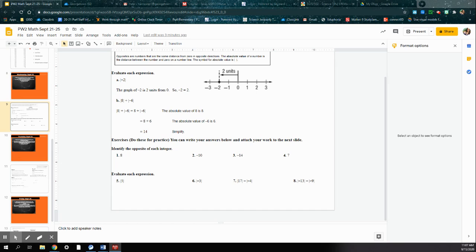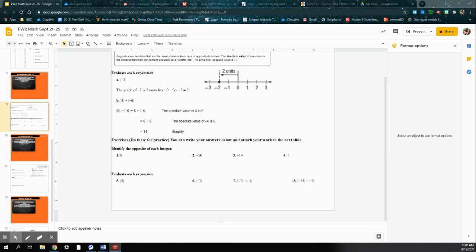So one of the things that you're going to see is these vertical lines right outside of a digit 3, and we read that as the absolute value of 3. Okay, so the absolute value of 3 equals 3.